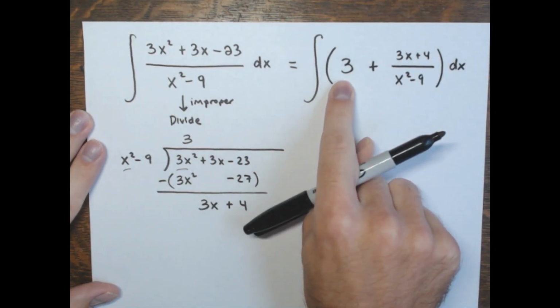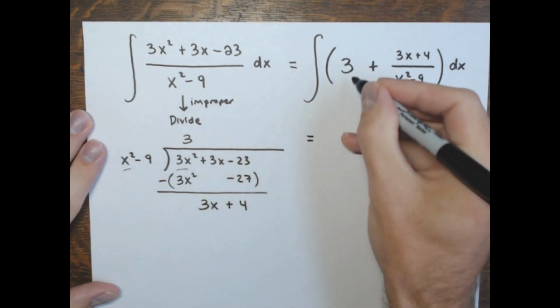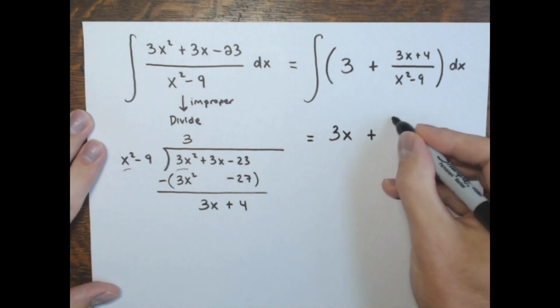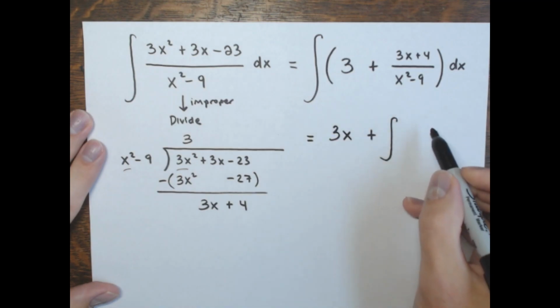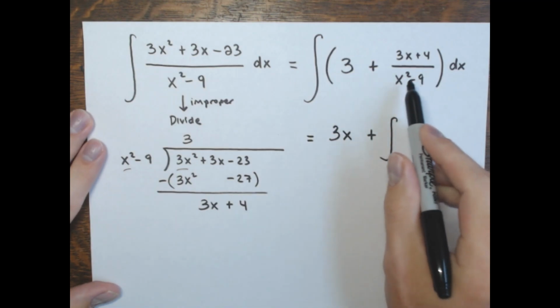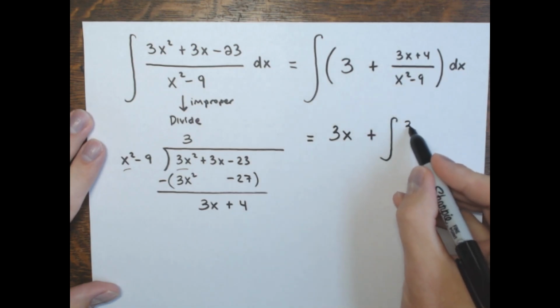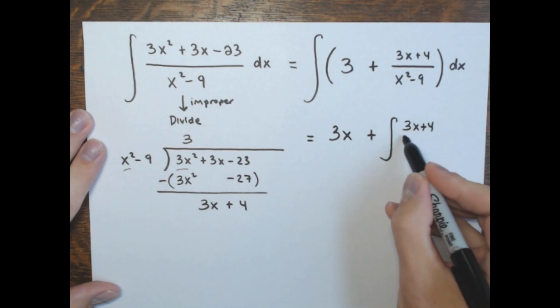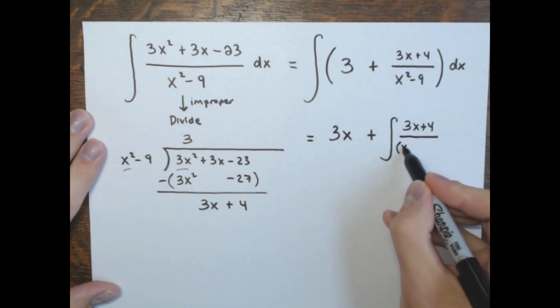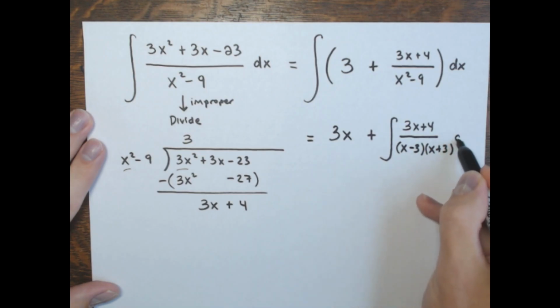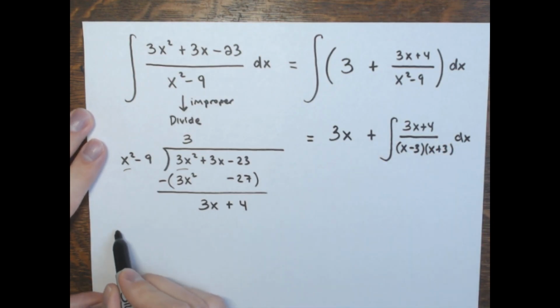Okay, so the first one's no problem: 3x. It's the second integral that I'm going to have to do some partial fraction decomposition on, right? Because the denominator can be factored. When we're working with proper fractions, you factor your denominator. This is 3x plus 4 over, and that's a difference of squares: x minus 3 times x plus 3. So let's take that and do partial fraction decomposition.